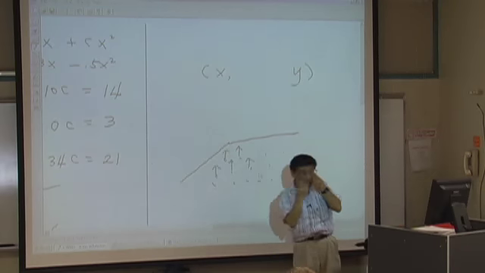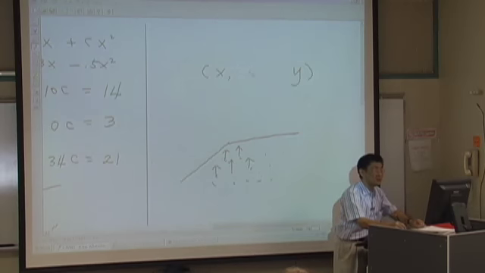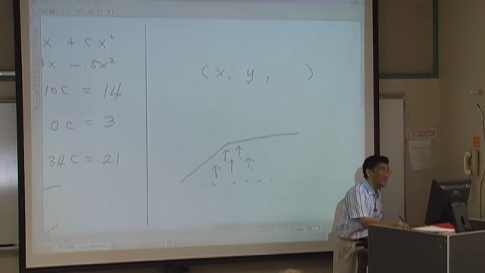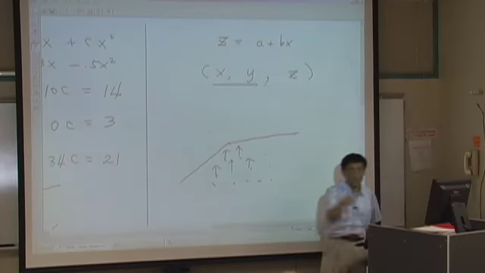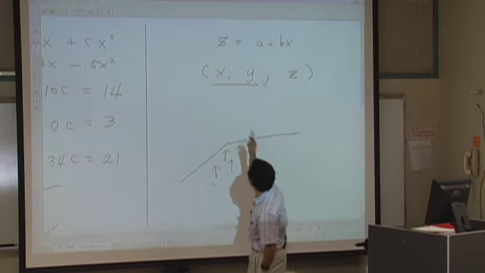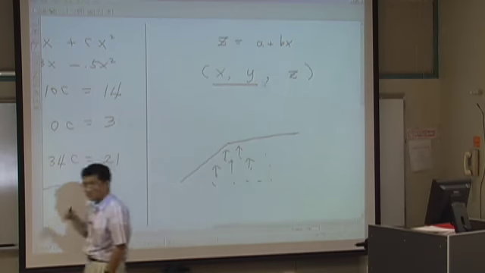In other words, instead of X and Y, we use X, Y for input and Z for output. This is the reason in the previous case I used Z equals something instead of Y equals something. Do you follow me? I said Z equals A plus BX instead of Y equals, because Y can play as an output or play as an input. So I want to keep X and Y as input values.